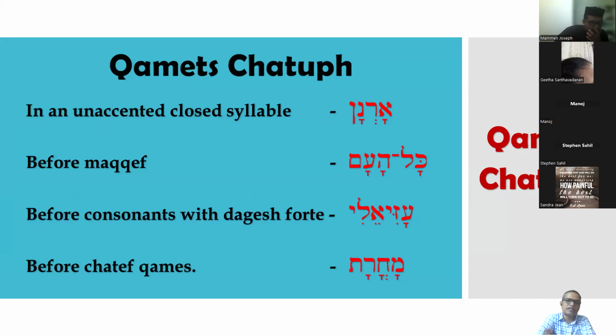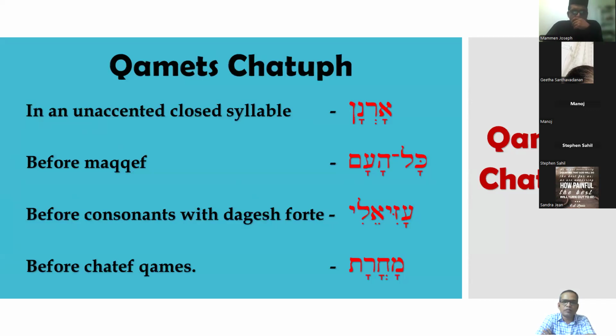The next place where you can see kamets hatuf is before makaf. Okay. Let me read this word for you. Kol ha'am. Kol, if you see, it is basically from the vowel holam. So if this kol is written without the help of makaf, without joining together with other words, it will be written as kof, holam, and lamed.